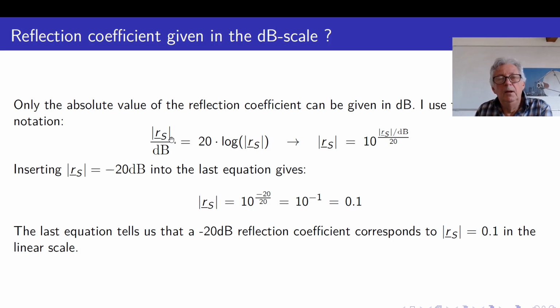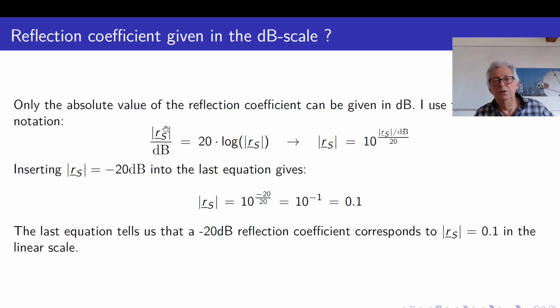Normally you should use another value here, but from a physical point of view, I can argue I can give RS in dB, or I can give RS in a linear scale. So if I want to transform this from the dB scale into the linear scale, I must use in principle this equation: RS is equal to 10 to the power of RS divided by dB divided by 20.